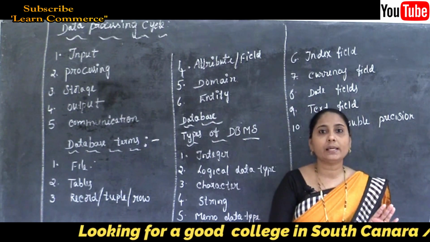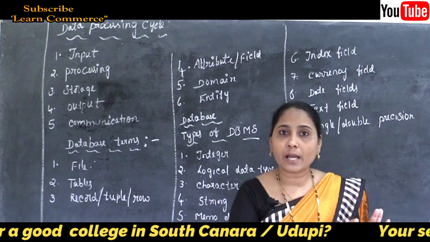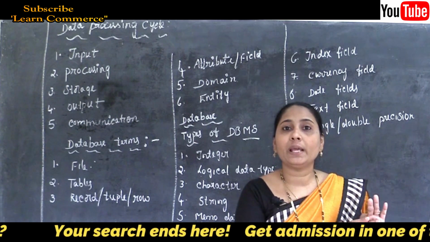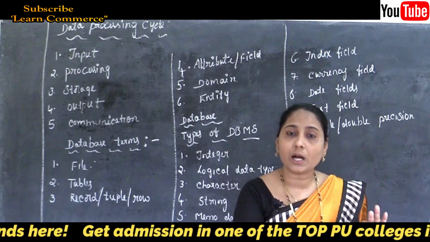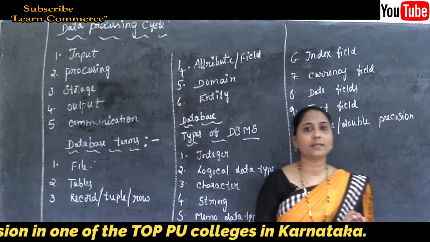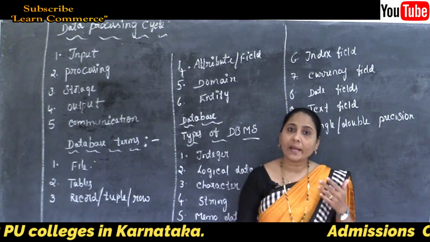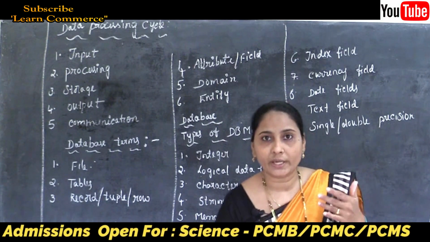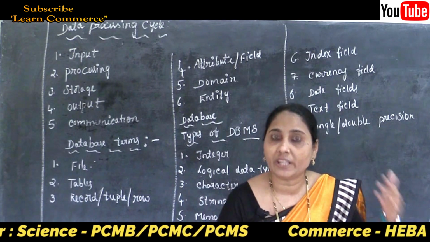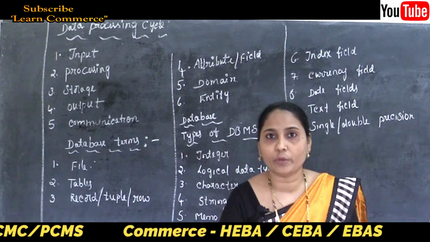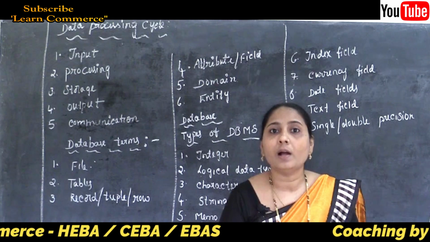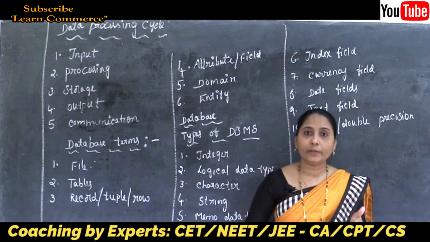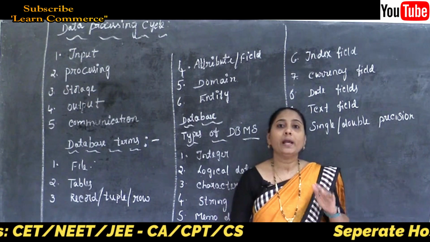We use the keyboard and sometimes the mouse. Other input devices are the scanner, microphone, digital camera. So to input any data into the computer we need to use some input devices, maybe the scanner or microphone, keyboard, mouse.